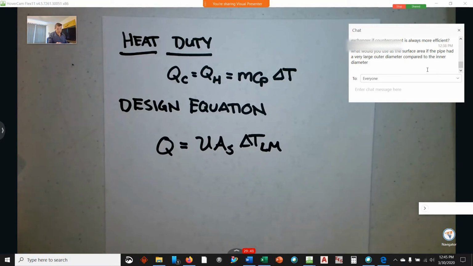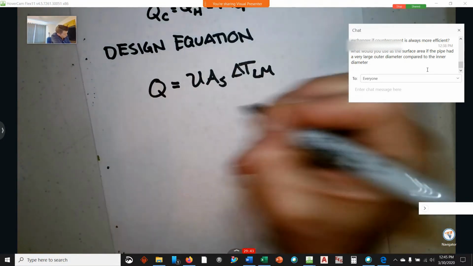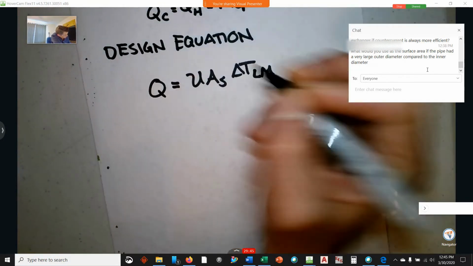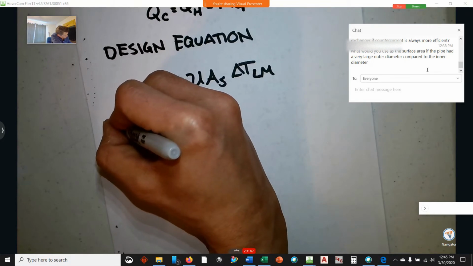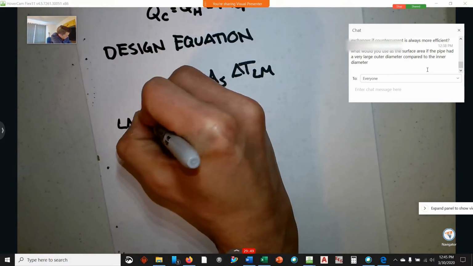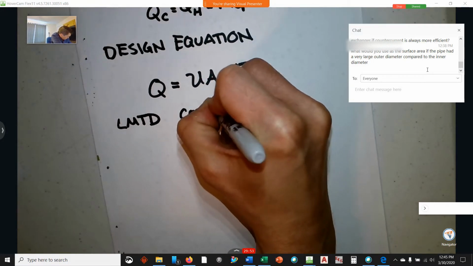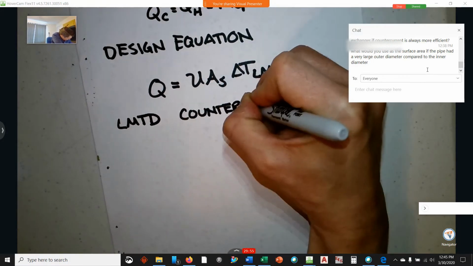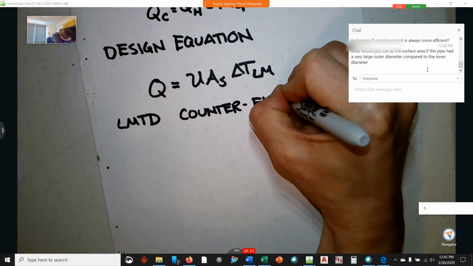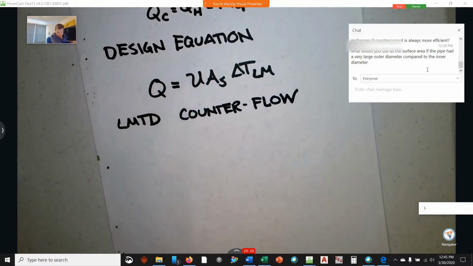So if we have a counter flow, log mean temperature difference for counter flow. All right.